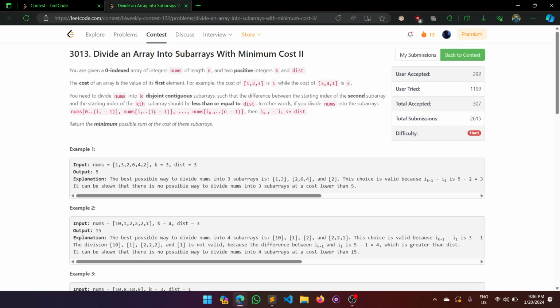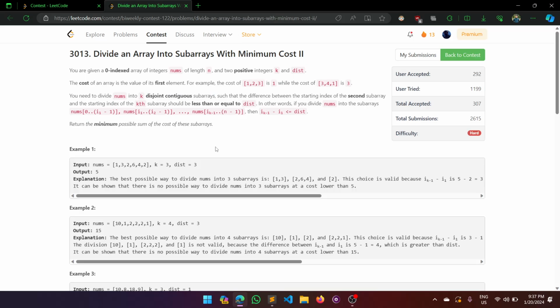So in this question you have to divide the array. Like in the first question it was 3, but here you have to divide it into k disjoint contiguous subarrays, right? And there's an additional condition as well.